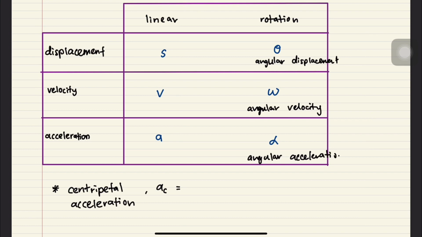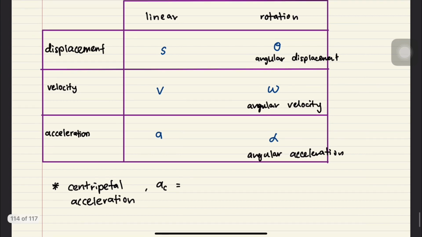And that's the relation between S and theta. For example here, S equals R theta, V equals R omega, A equals R alpha. So basically you can convert between linear and angular by simply multiplying with R, right?